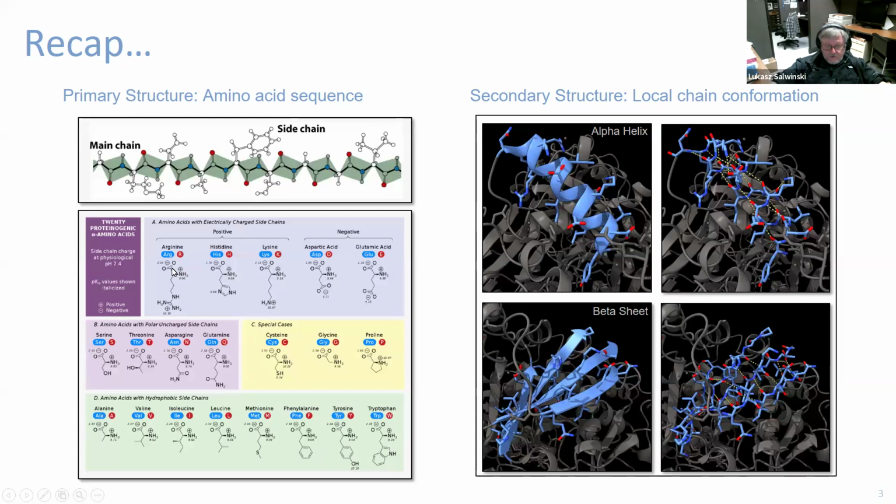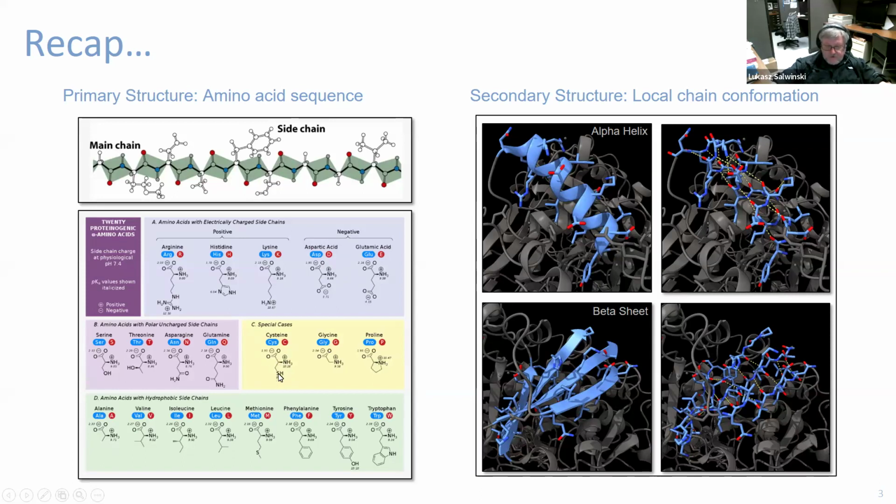There are also side chains that are charged. There are three positively charged and two negatively charged side chains, and then a few side chains are polar but not charged. That's serine, threonine, and two amides that are related to the carboxylic acids, aspartic acid and glutamic acid. And then there are three special cases. There's cysteine, put aside because of the unique chemistry of the SH group.